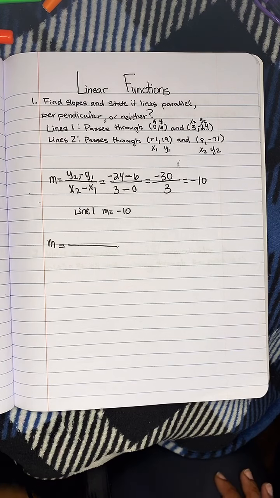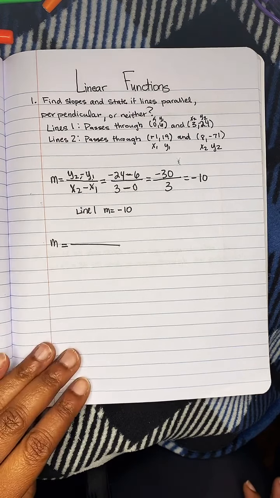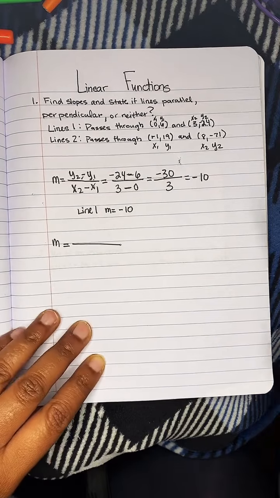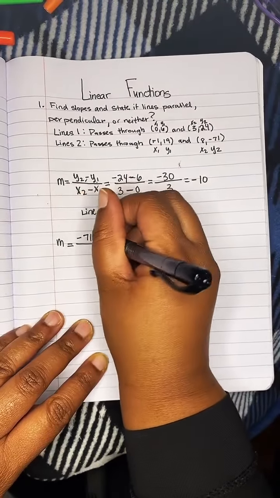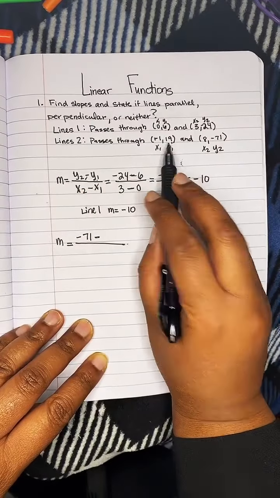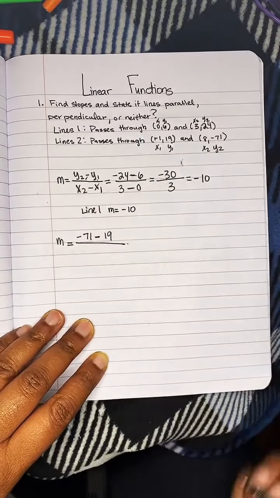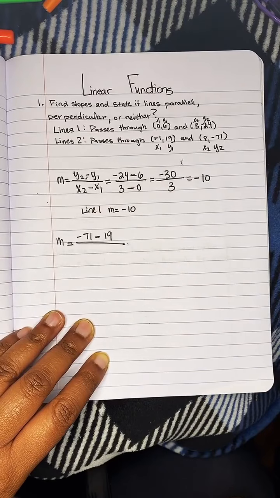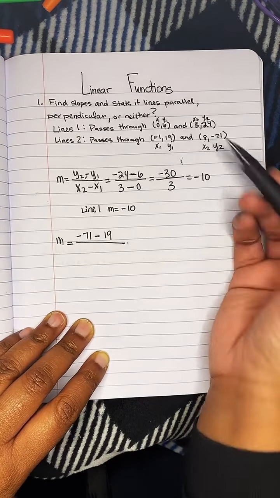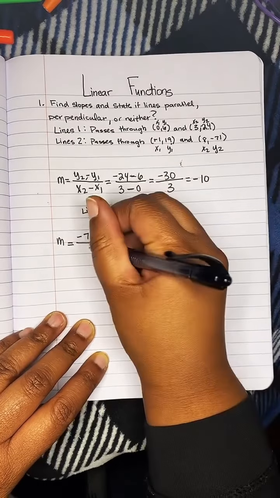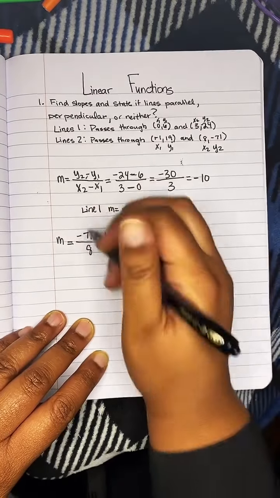Negative 71 minus 19. Negative 71. Good. Minus 19. Perfect. Fantastic. And then x2 is 8. And then we have a minus.